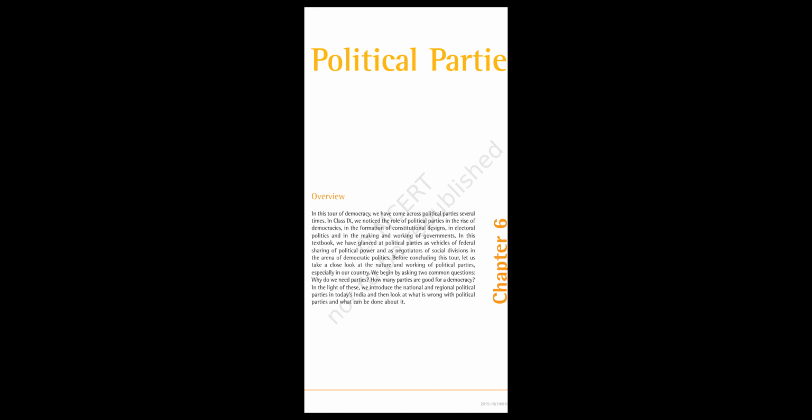Hello, Abhishek. Yes, sir. What were the different organs of the government? So executive, legislative, and judiciary. Yes, legislature, executive, and judiciary. So that was the first form of power sharing. You have already studied about it in class 9.